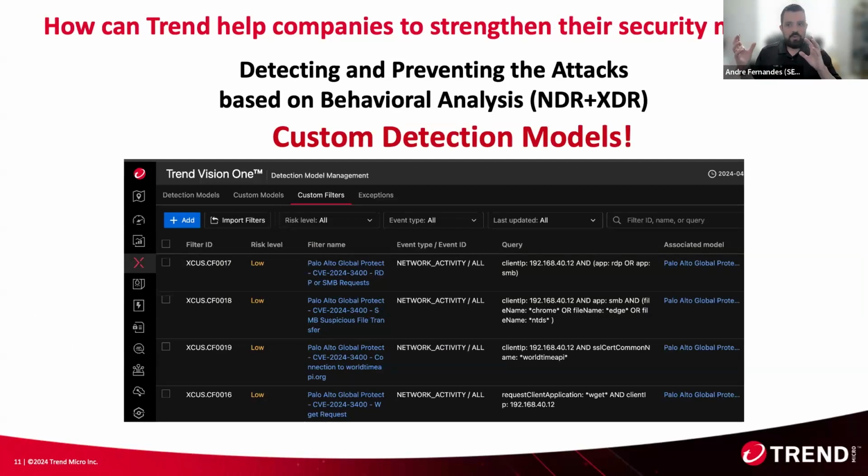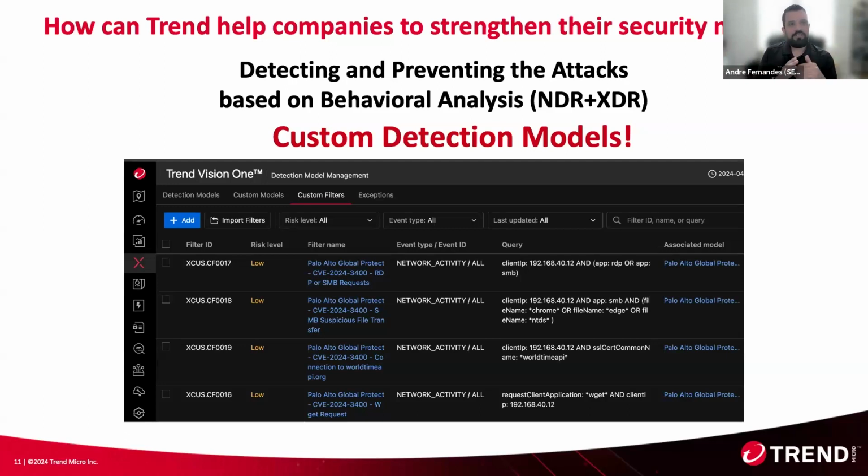We can literally teach this platform how to monitor for specific behavior. You will find these four items: network activity from Palo Alto searching for RDP or SMB requests, a suspicious SMB file transfer, a connection to that runtime API.org, or even just a wget request.